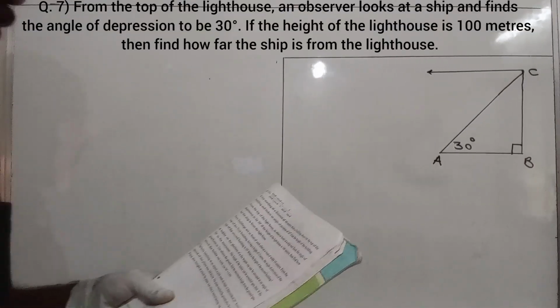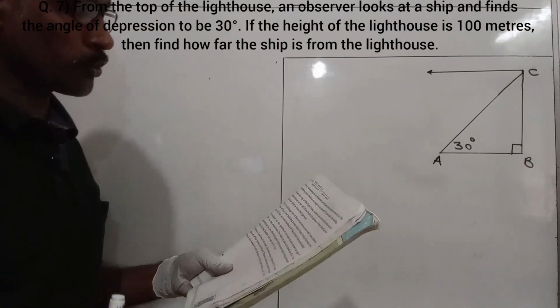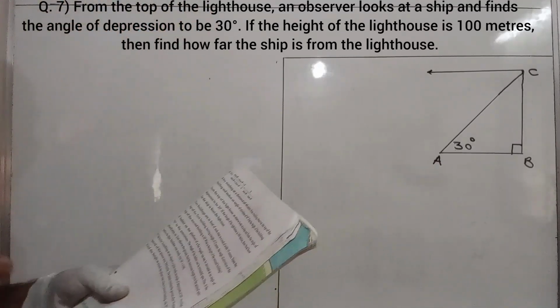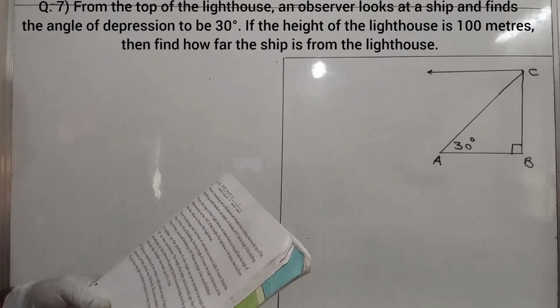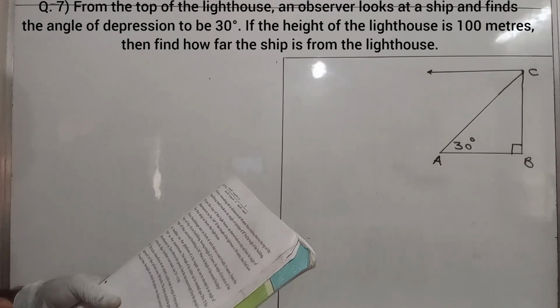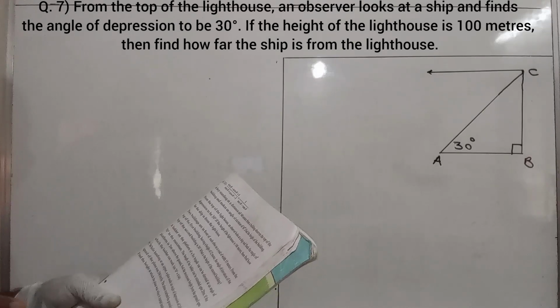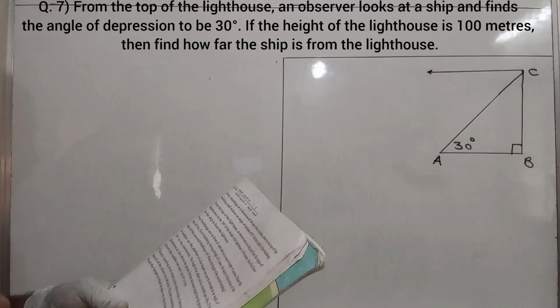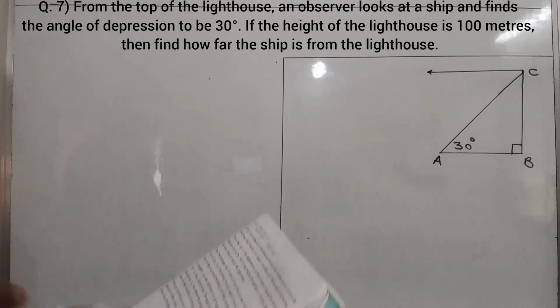Question number 7. From the top of the lighthouse, an observer looks at a ship and finds the angle of depression to be 30 degrees. If the height of the lighthouse is 100 meters, then find how far the ship is from the lighthouse.